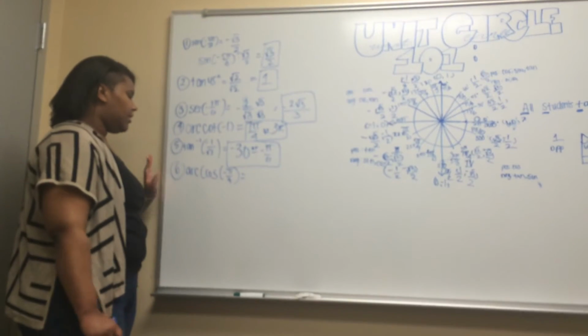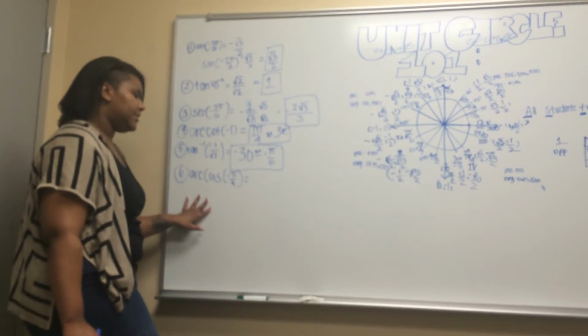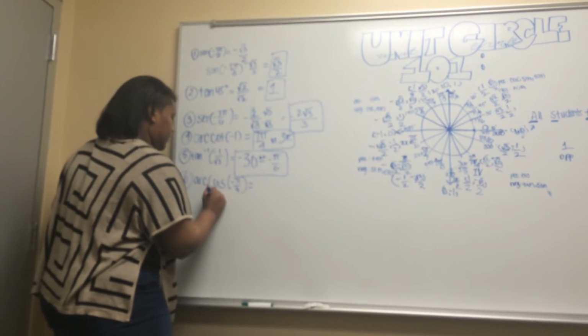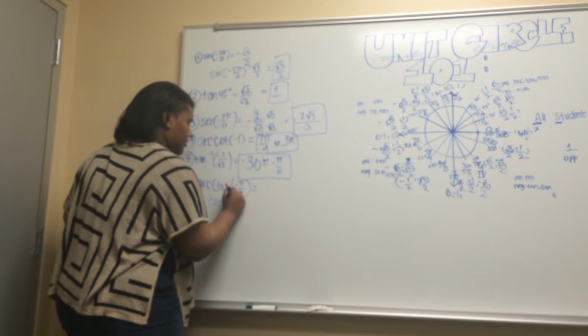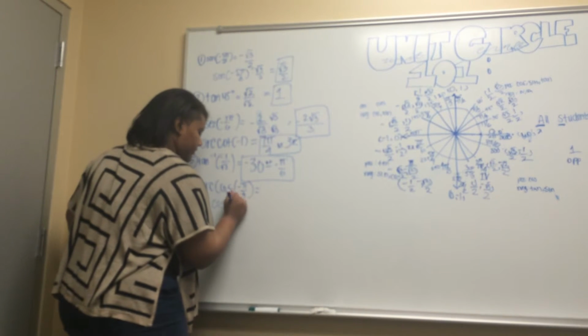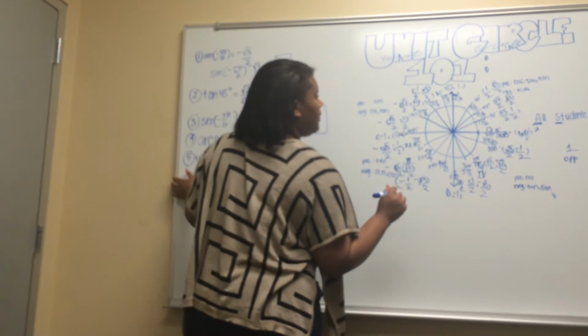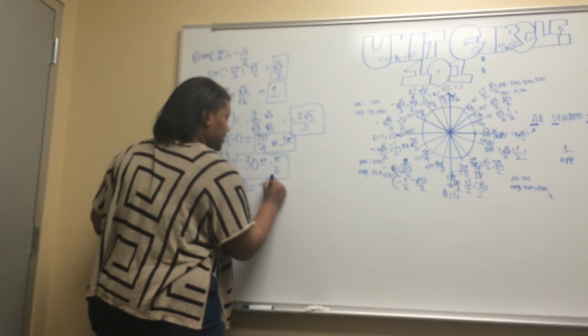Number 6 is arc cosine times negative pi over 4, and because it's in the first quadrant, it's going to be positive cosine of pi over 4, which will leave you with the degrees of 45.